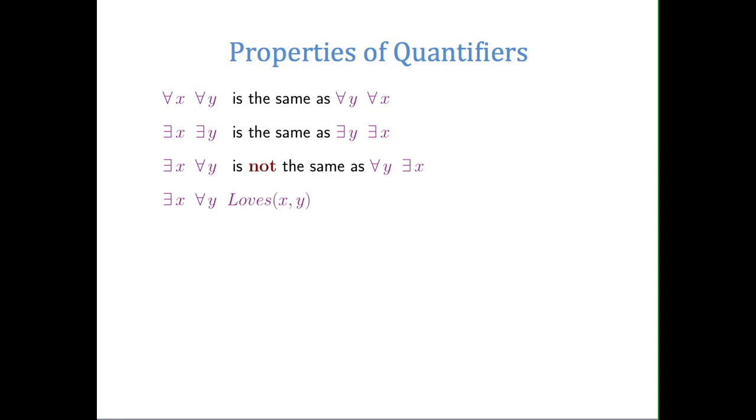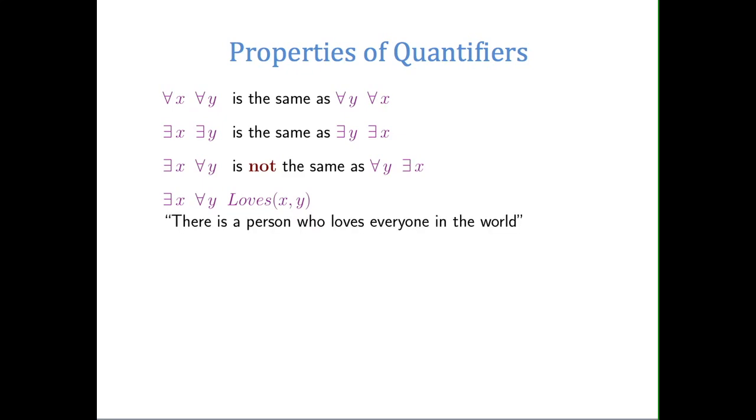The good news is that it doesn't matter what order you put quantifiers if they're all universal, and similarly for existential quantifiers. But if you mix universal and existential quantifiers, then you have to make sure the order is what you mean. So for instance, if you have an expression like there exists an x for all y such that loves(x, y), what does that mean?